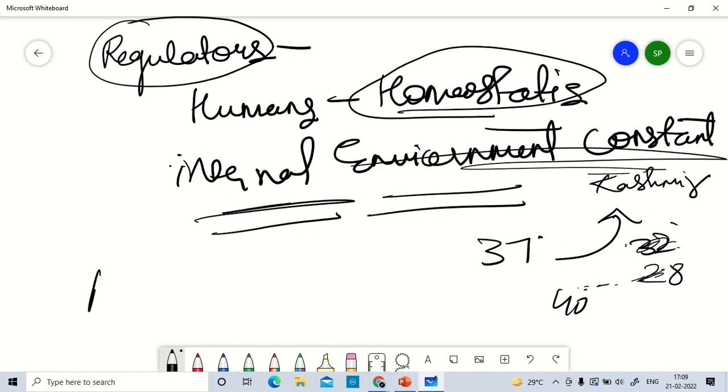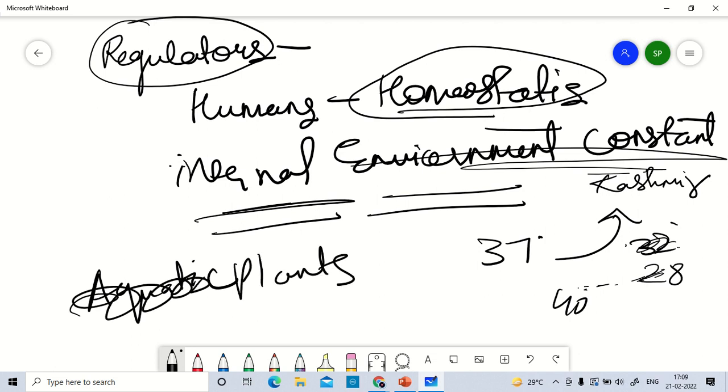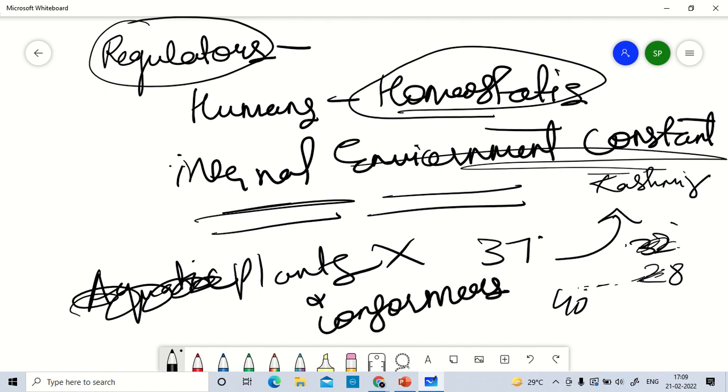But unfortunately, plants are not able to do so. Sorry, not aquatic organisms, what am I saying, plants. Plants are not able to do so, so they are known as conformers. I told you that we are regulators and plants are not regulators, they are conformers.